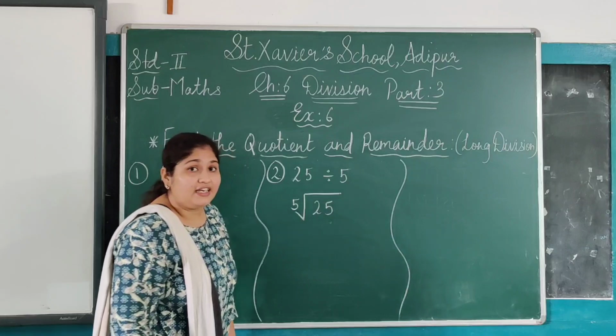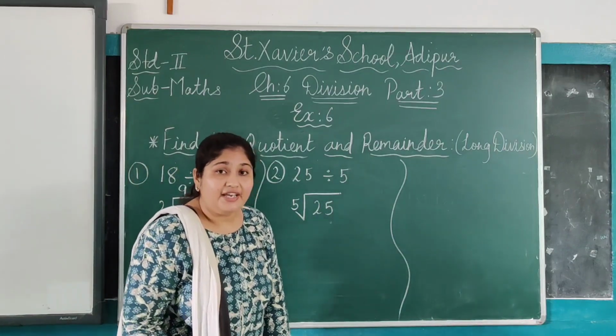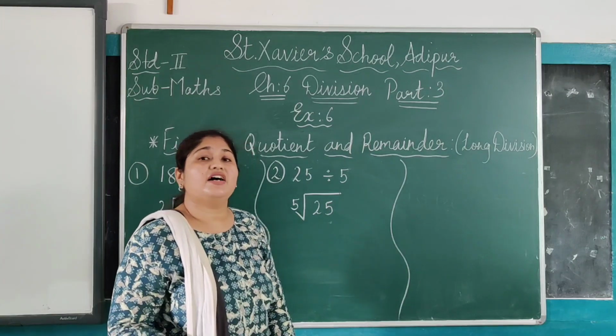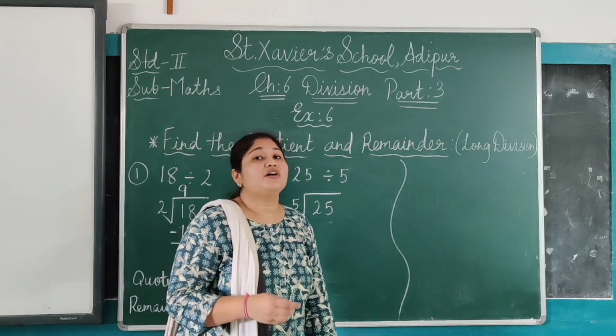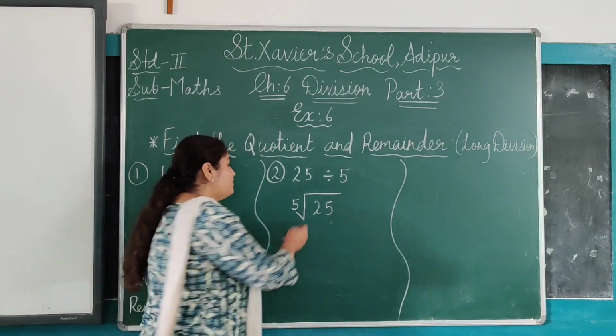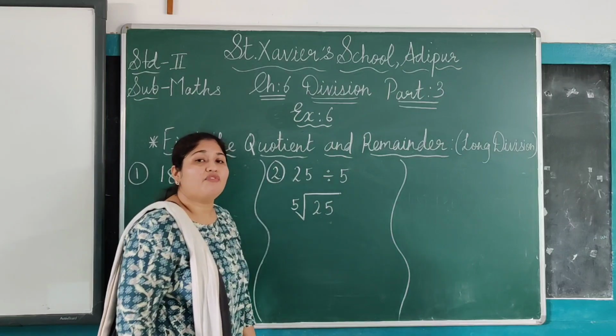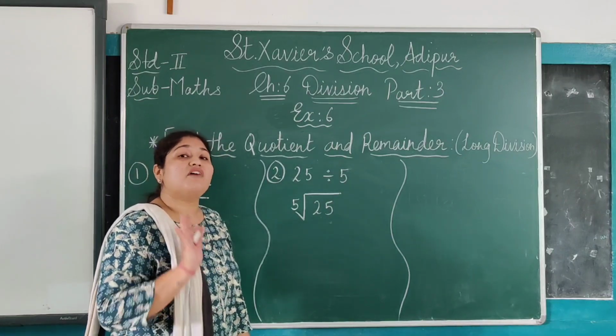Yes, आता है. अब कितनी टाइम्स आता है? सोचो. 5 1s are 5, 5 2s are 10, 5 3s are 15, 5 4s are 20, 5 5s are 25. Yes, so in the table of 5 25 is going 5 times.